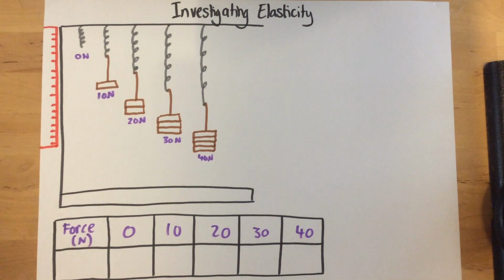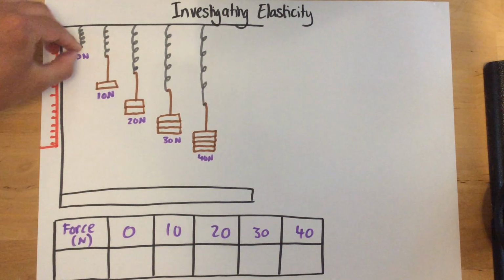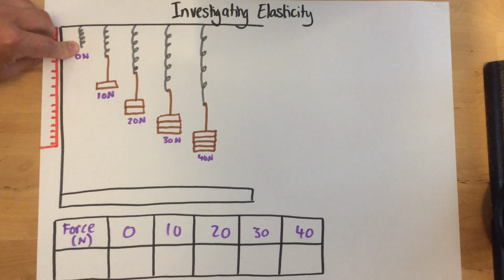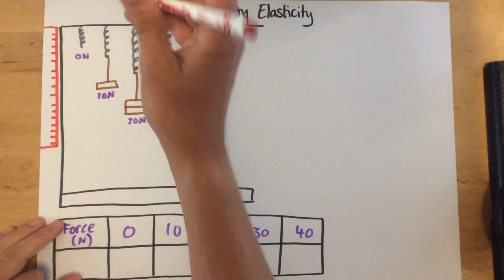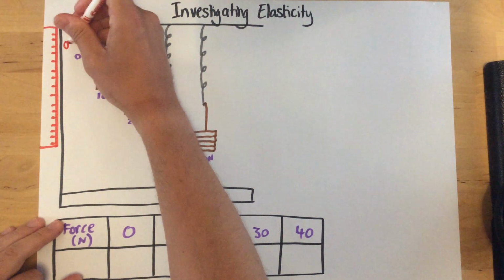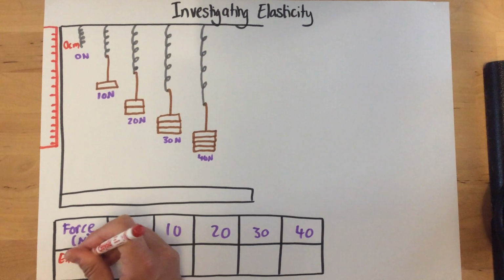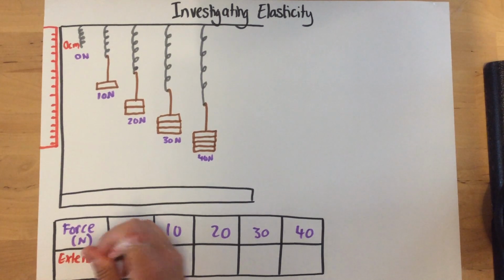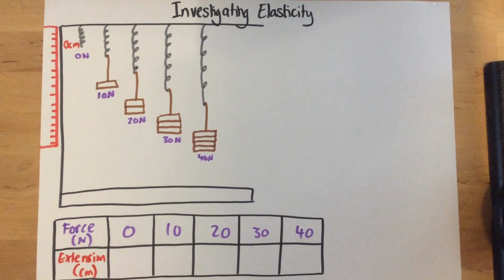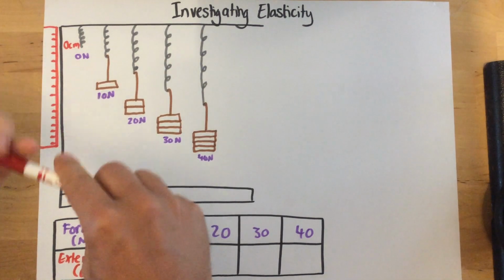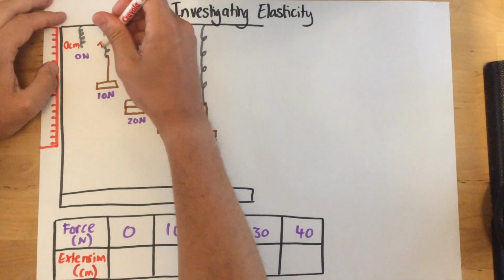What I need to do each time is measure how far the spring has extended from its original shape. So at this point here, we have an extension of 0 centimeters. This is what we're measuring now, the extension, nice and simply done using a ruler. The next one has extended a certain amount.